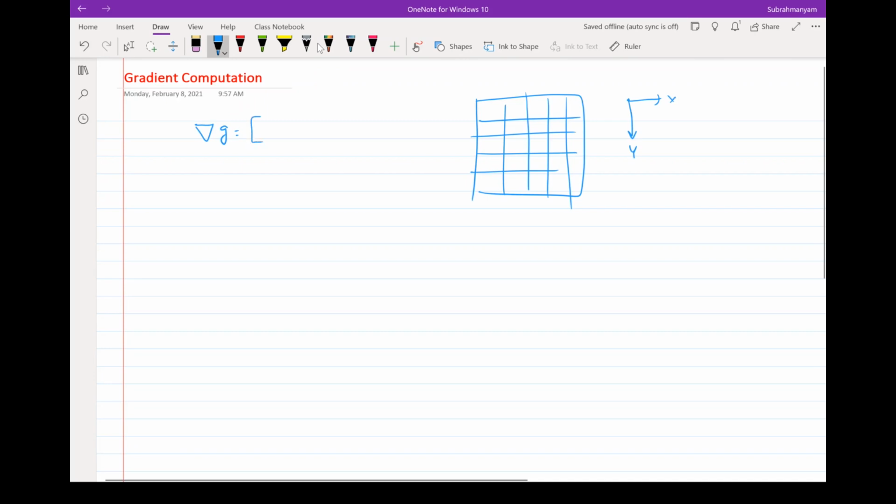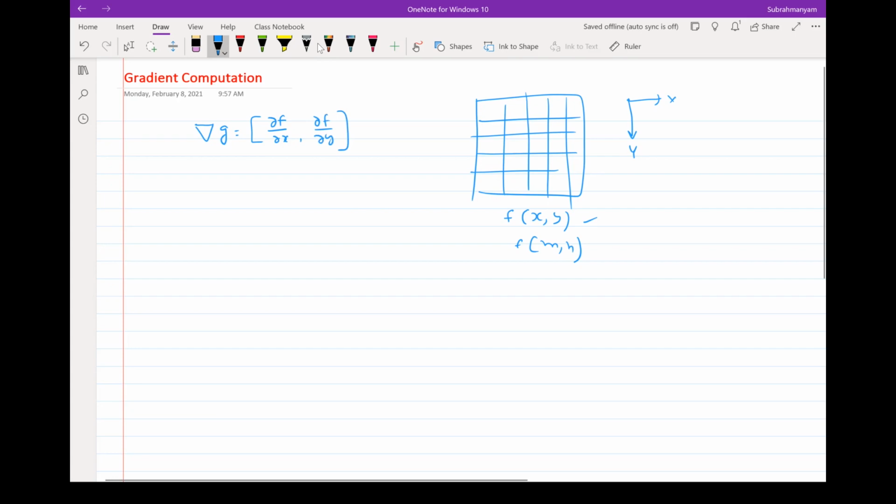This image I'm writing, for the time being, as continuous; it doesn't really matter, you could have written the discretized version as well. Just for convenience, I'm writing it as f of x, y. Then the gradient would be dou f by dou x and dou f by dou y.